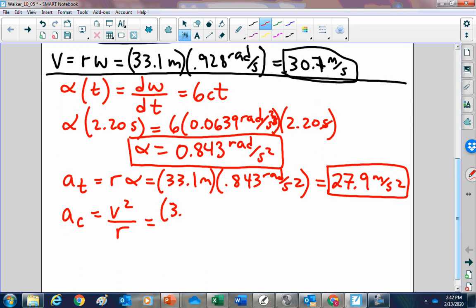Okay, 30.7 meters per second, squared. Okay, so then 28.5.